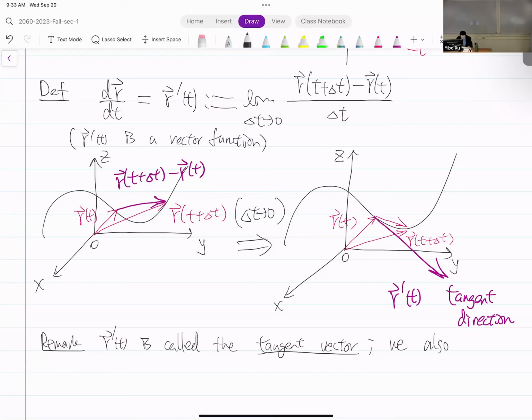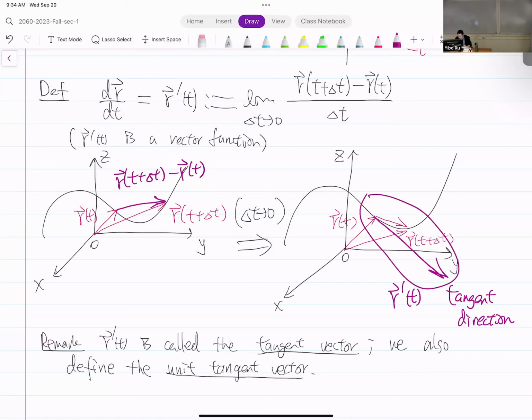We also define the unit tangent vector. Basically, if we only care about this direction, we don't care about the magnitude of r prime, then we isolate a unit vector out of it. So it's going to be a vector along this direction, but the magnitude is 1.